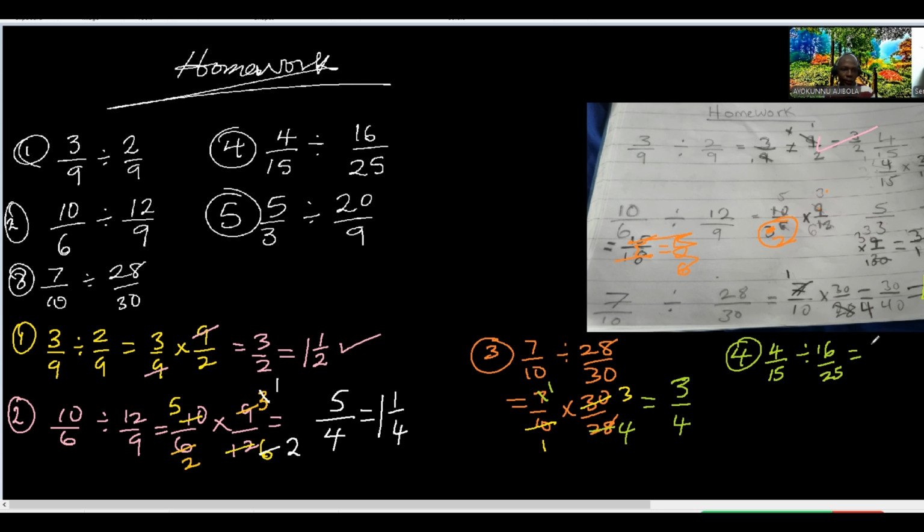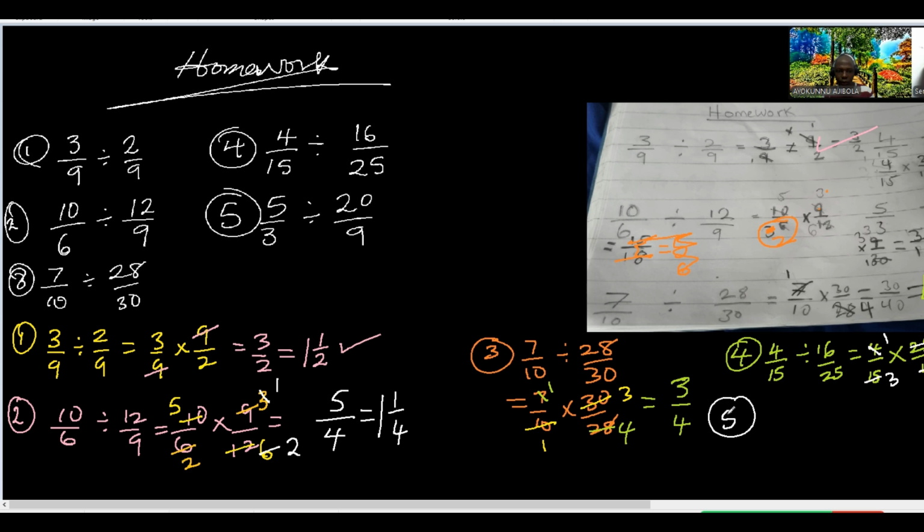This will give us 4 over 15 times what? 25 over 16, right? 5 here, 3, 5 here, 5. 4 here, 1, 4 here, 4. So we have 5 times 1, that's 5, and 3 times 4, that's 12. 5 over 12. We got that right.